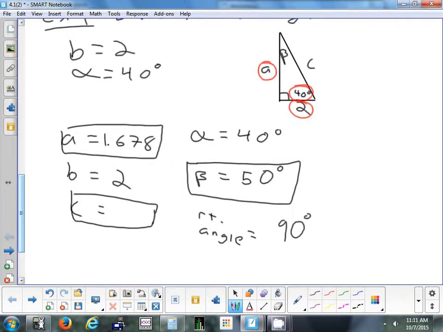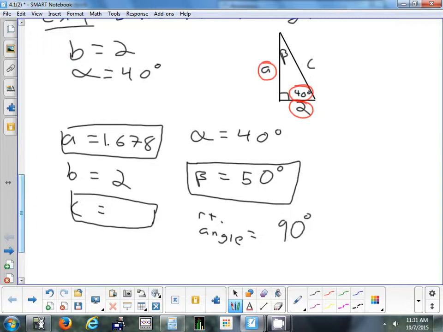So now we only have one thing left to find. Now that I know A and I know B, what could I do to find C? Pythagorean theorem. I could do Pythagorean theorem. But why do you think that I think that's not a good idea?